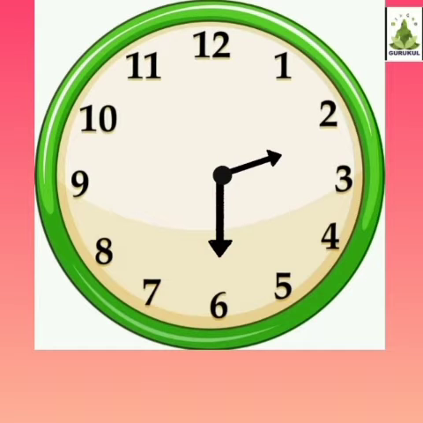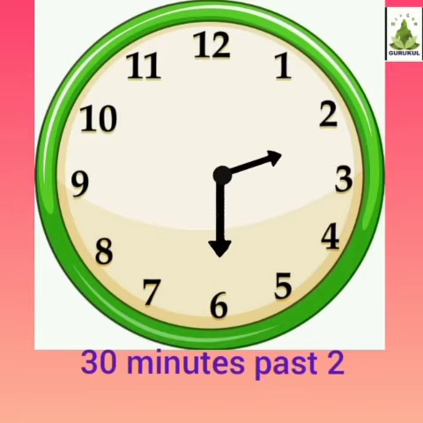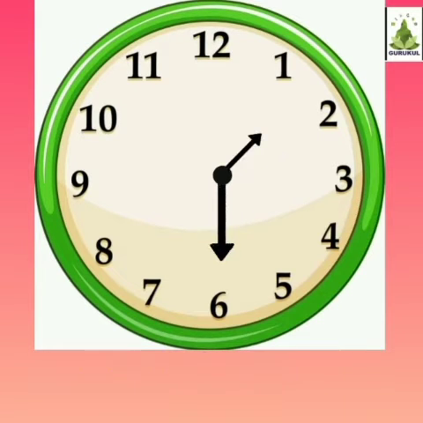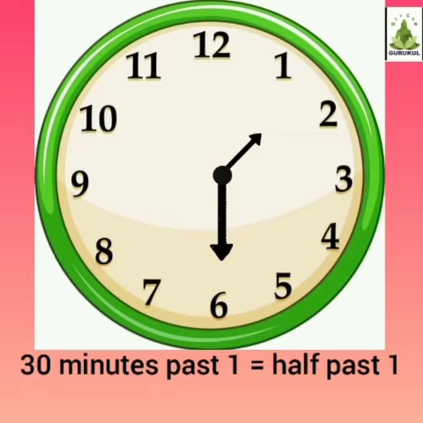Minute hand is on 6 and hour hand is between 2 and 3. It is 30 minutes past 2. When 2 hours and a half hour have passed, we say it is half past 2. 30 minutes past 1 is the same as half past 1.